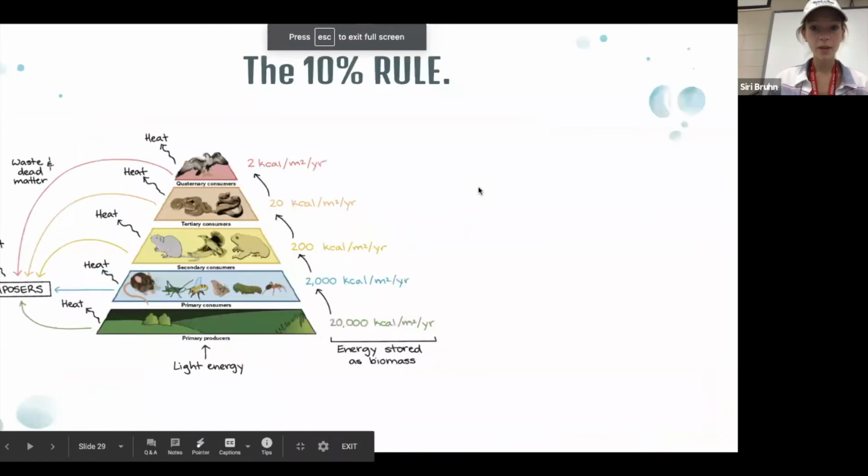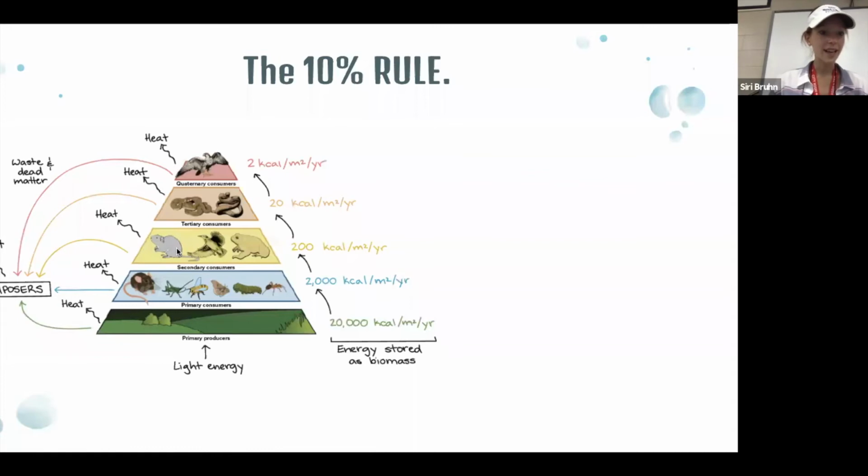It's either going to be lost as heat radiating off, like when my rabbit's running around, trying to escape the fox, trying to get its own food, reproducing, growing, doing all these things that make it use energy and release it as heat. But also, my rabbit might just die of old age if he's lucky. And so that energy is never going to go to the next trophic level.